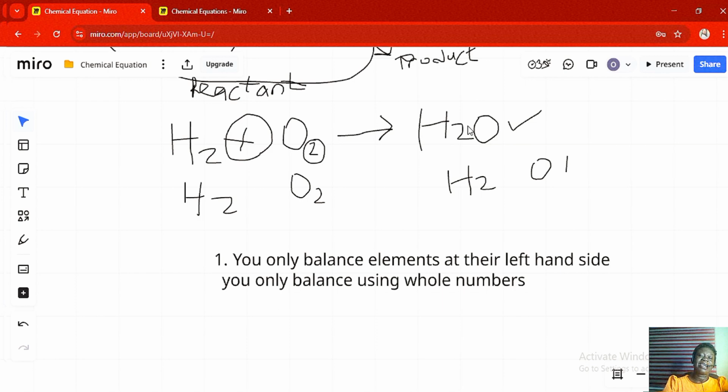So that being said, let's dive into balancing chemical equations. Let's start with the example on the board. We already have 2 molecules of hydrogen plus 2 molecules of oxygen to give us water.